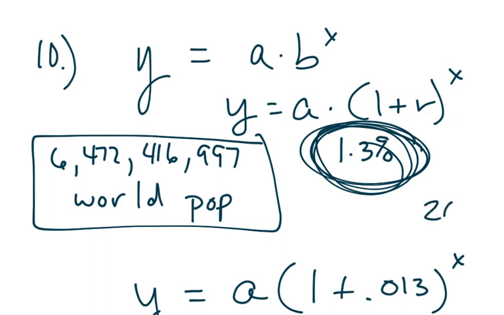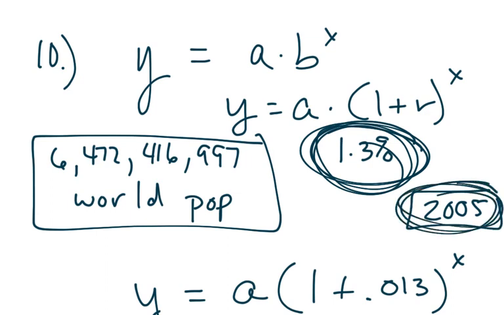And this is in the year 2005. And so the first thing it asks you to do is to write an equation for the population t years after 2005. So what that means is this is going to be our beginning point. We're never going to see 2005 in an actual equation. We're just in our heads saying this is where I'm starting from.